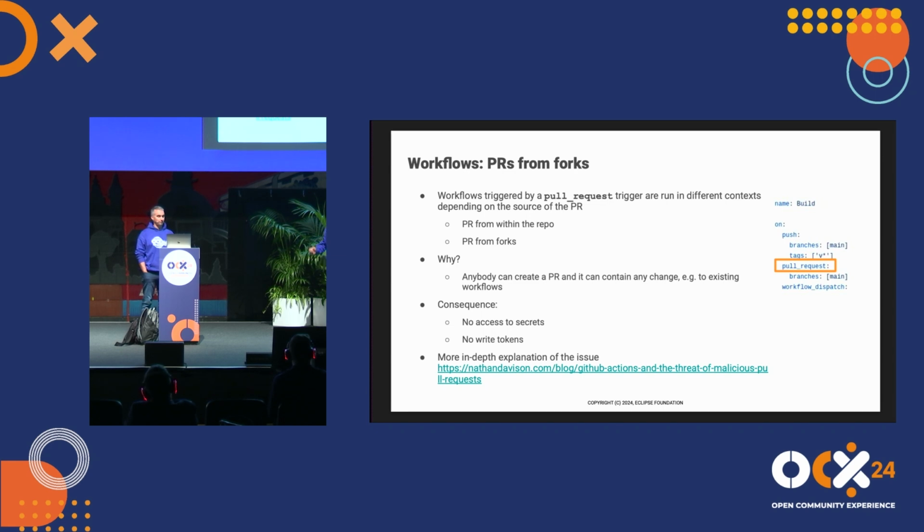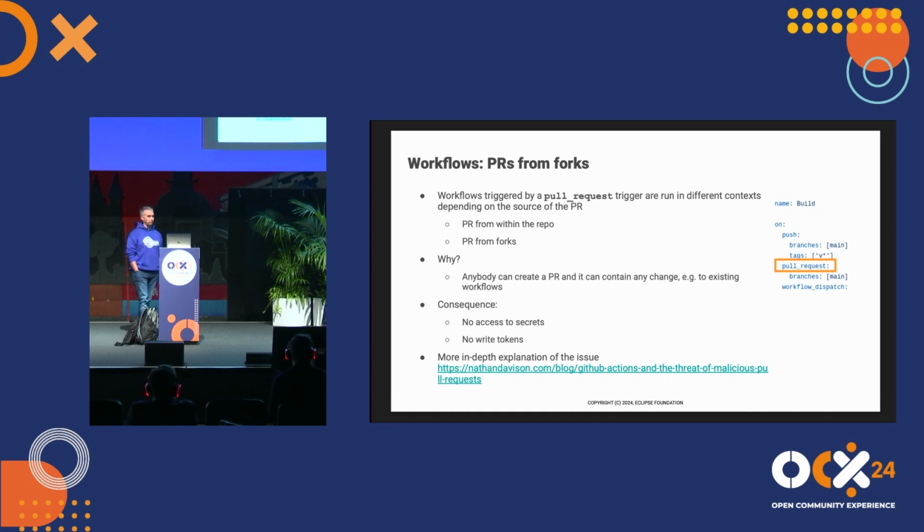And you don't know exactly why. And you have to dig into the documentation of GitHub and understand why this is the case. And the case is basically that GitHub decided that the pull request trigger for workflows behaves differently when the PR is coming from within the repo or from a fork.